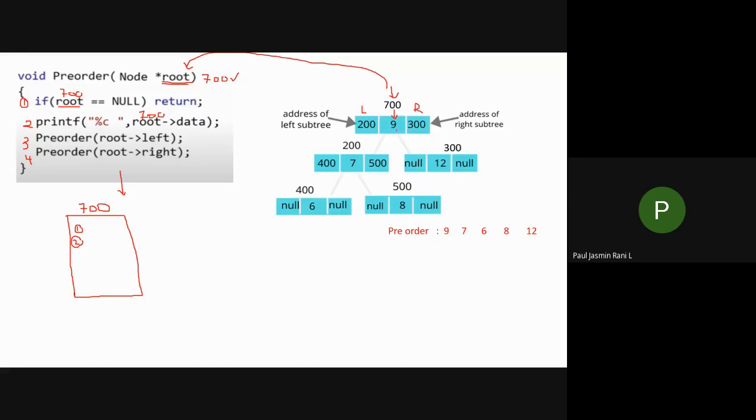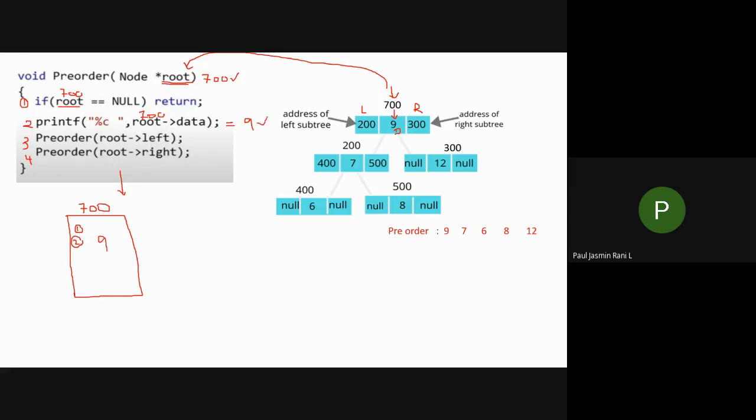Similarly, you decide all other nodes as it is. So now the current data is 9. After executing this, I will print the 9 value over here. Can you follow this? After executing the second statement, 9 is printed.